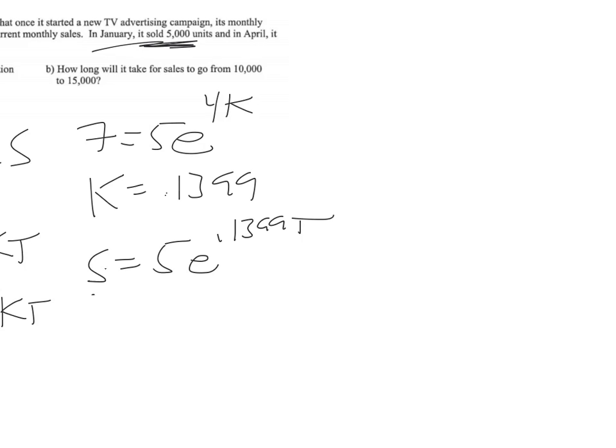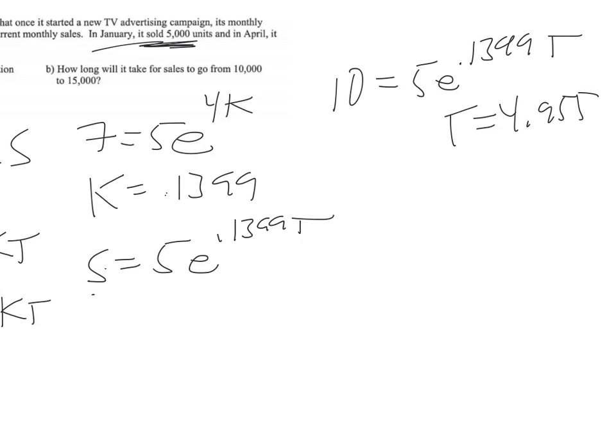For part B, they're asking us how long will it take to go from 10,000 to 15,000. Well, I said 10 equals 5e to the 0.1399 t. I divided by 5, took the natural log, divided by 0.1399, and I got t equals 4.955.